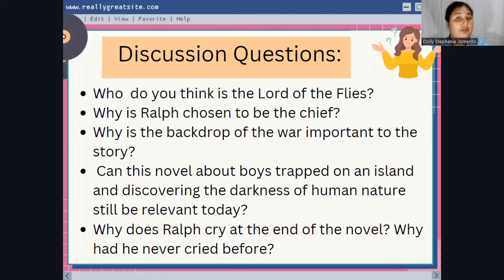So the novel Lord of the Flies is still relevant today kay there is still a very good chance of corruption of the world. And one thing that could cause the world to be corrupt is any war that could happen in the future or is currently happening today in this modern world.